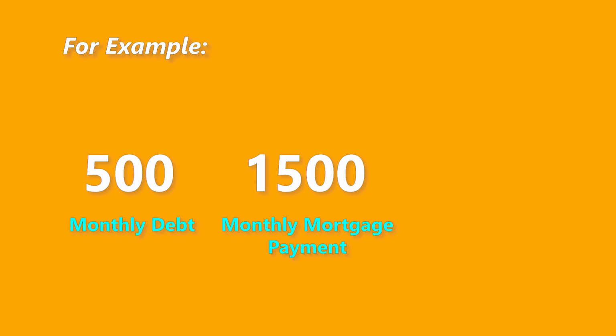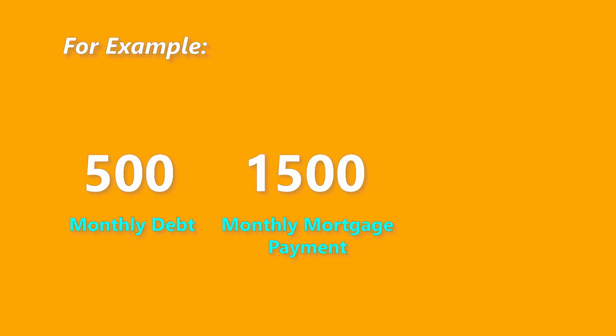So for example, let's take an example so we can improve this 60% debt to income ratio. So let's say you've been able to knock off your debt to $500. So now you have a monthly debt of $500 versus the $1,000. All right? And let's say that you've decided that instead of a $2,000 monthly mortgage payment, you're going to look for lower priced homes and get yourself down to $1,500 for that monthly mortgage payment.